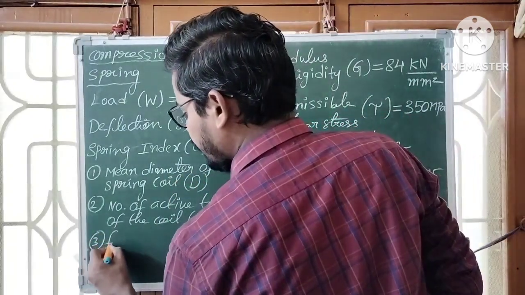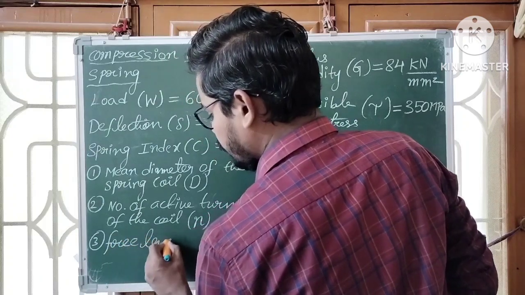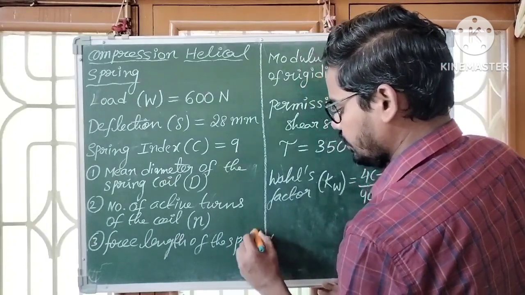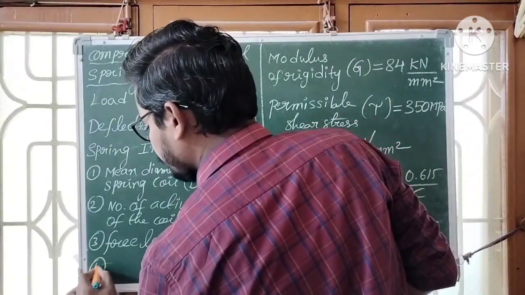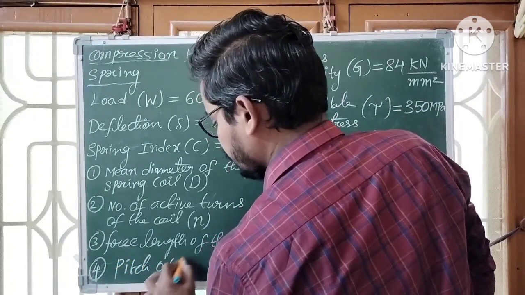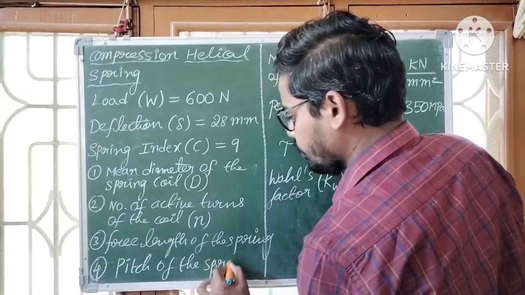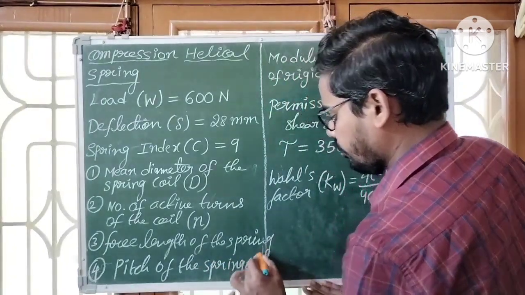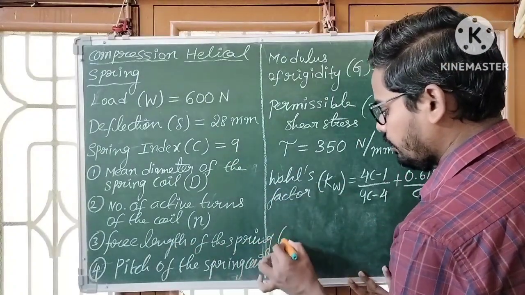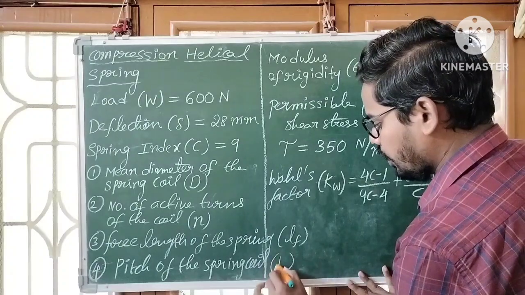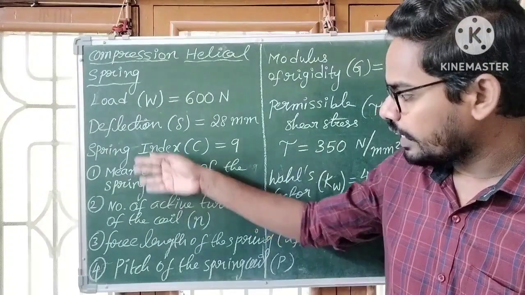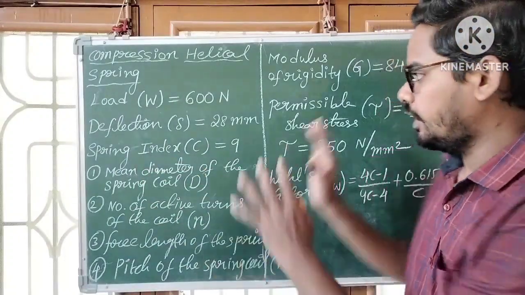Next we have to find the free length of the spring, LF, and lastly the pitch of the spring coil, small p. So we have to find these 4 parameters for the given data.